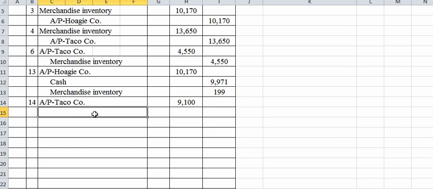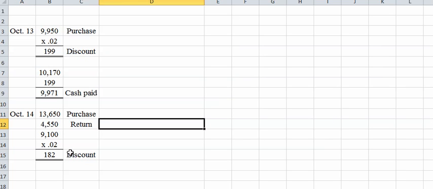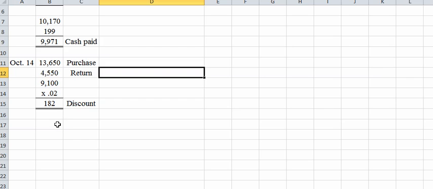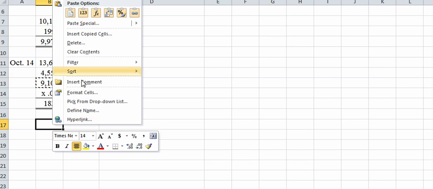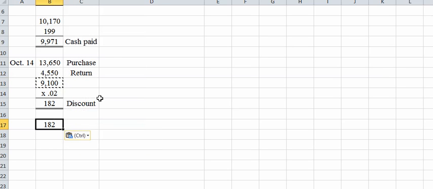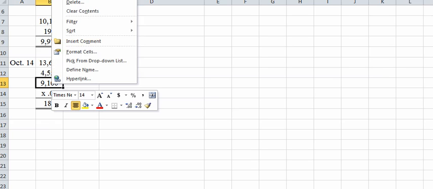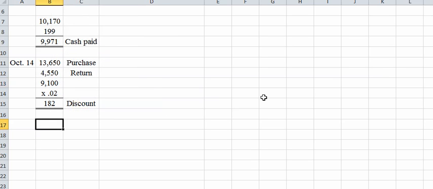Okay, now we're going to give up cash, of how much? We didn't calculate that yet, but let's do. Okay, cash paid would be equal to our $9,100, so I'll just put it in here instead of trying to copy. Put in $9,100 minus the discount of $182.